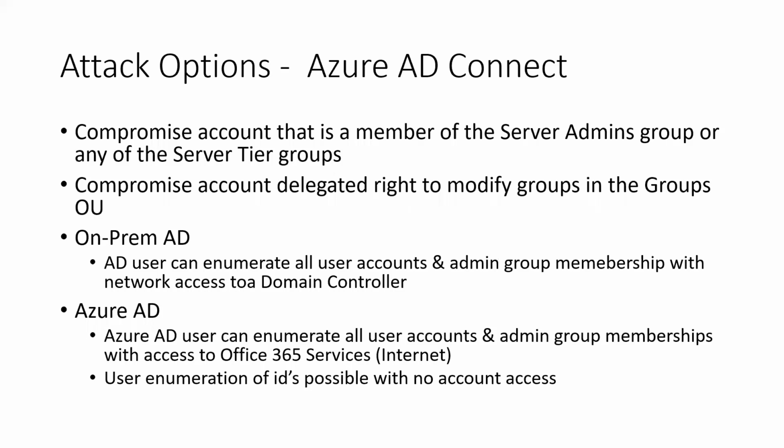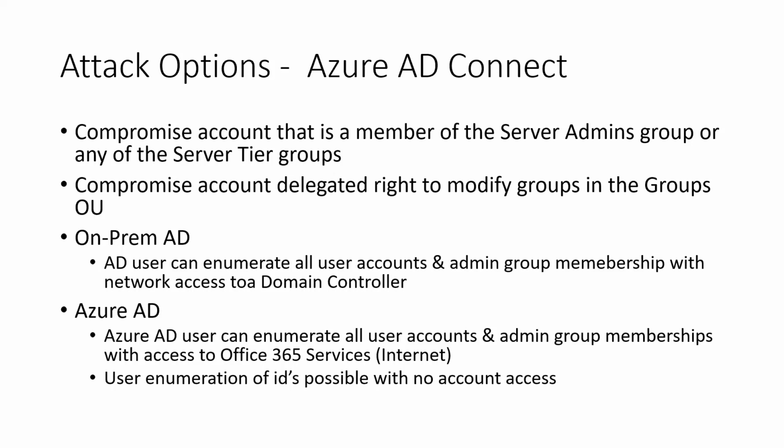So, some attack options for Azure AD Connect. You basically want to compromise an account that is a member of the server admins group or any of the server tier groups. That will give you the ability to basically control Azure AD Connect. Also, you can compromise an account with delegated rights to modify groups in a group OU.